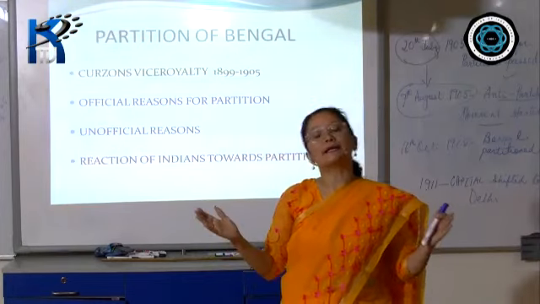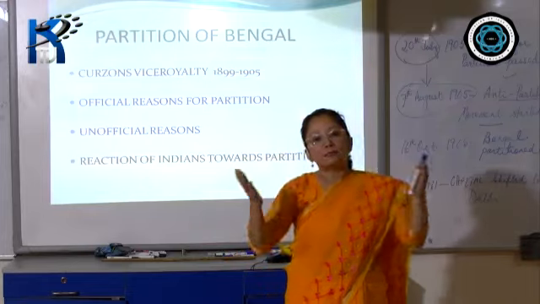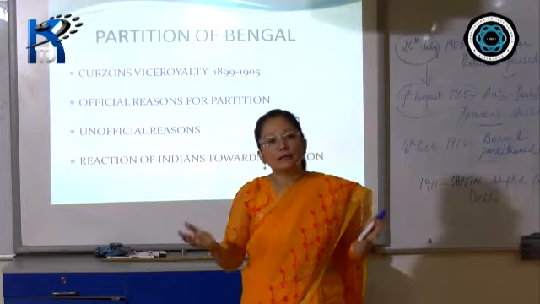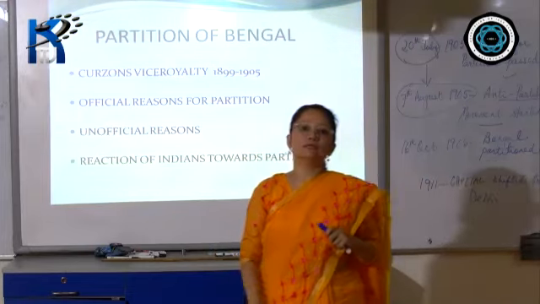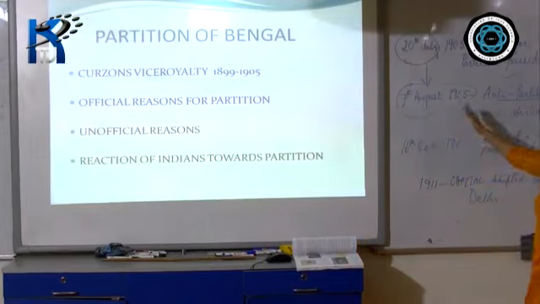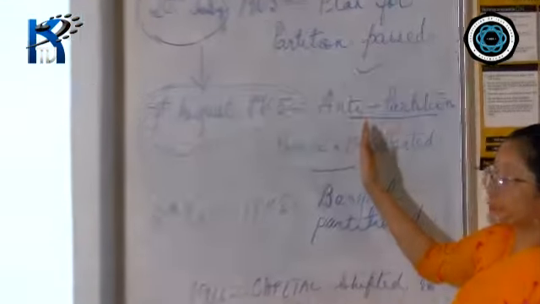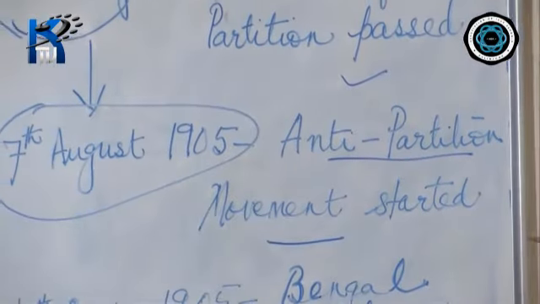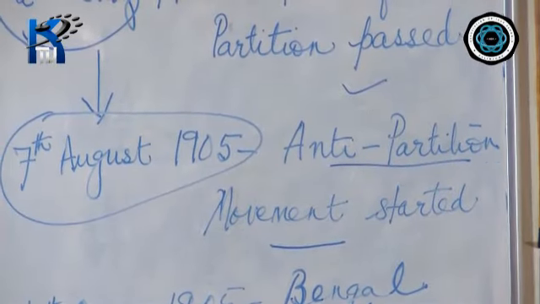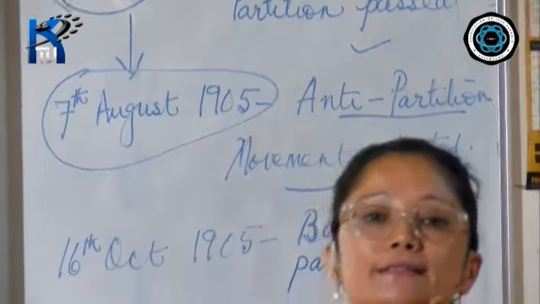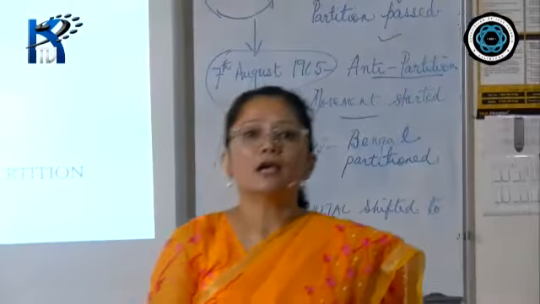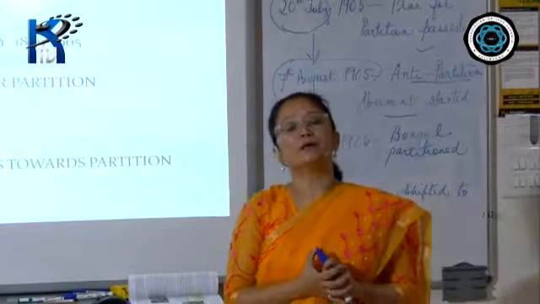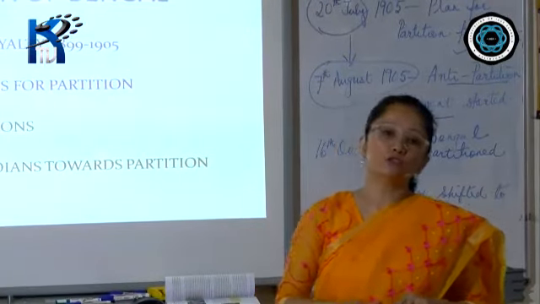So when this was exposed, when the truth came out, that is the reason why on the 7th of August, the Indian leaders decided to launch the anti-partition movement. So conferences were organized, town hall meetings were organized, then we had rallies, and various newspapers were also used.